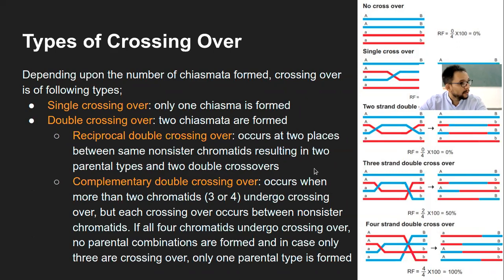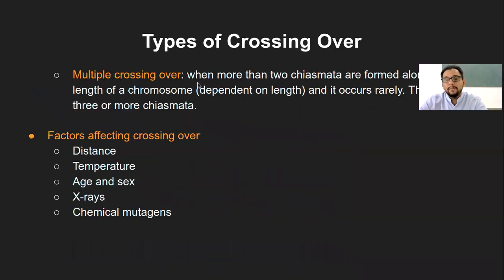Reciprocal double means two chiasmata are formed between the same non-sister chromatids. Complementary involves more than two or three chromatids forming two chiasmata. And multiple crossing over has more than two chiasmata, which is one of the rare phenomena.